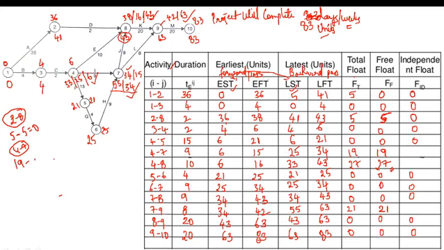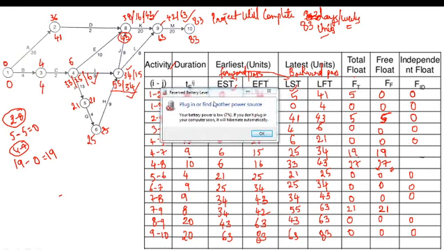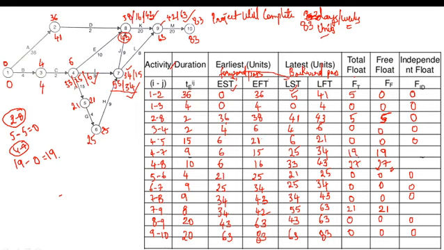So 19 minus 0 is 19. Write down 19 over here. This 19 is nothing but the value of independent float.